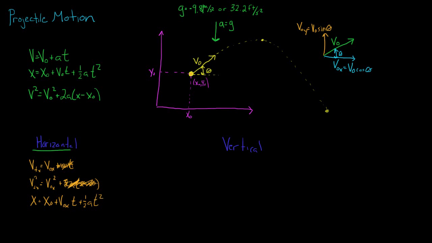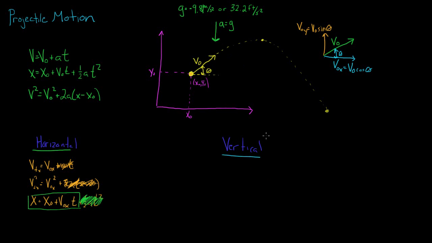And again, this term goes away because there is no acceleration. So really the only equation of any consequence in the horizontal direction is that a final x position is equal to an initial x position plus the initial velocity in the x direction times time.